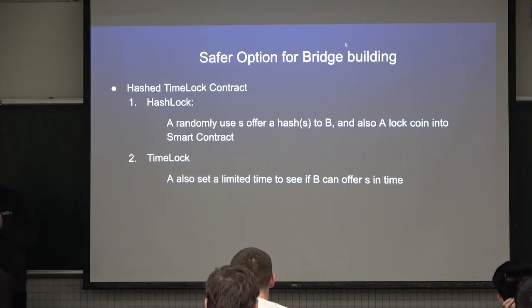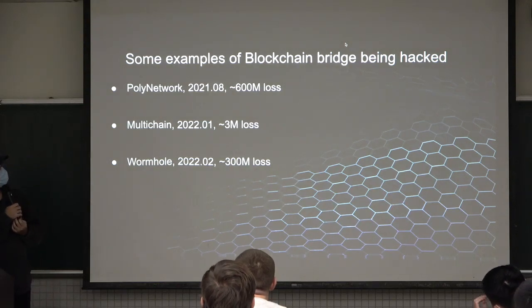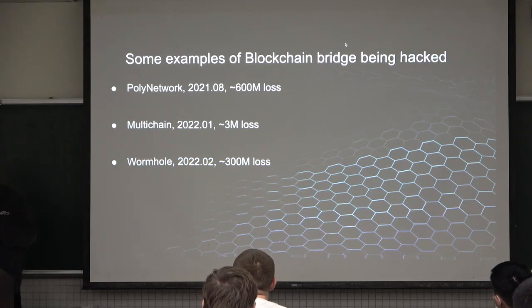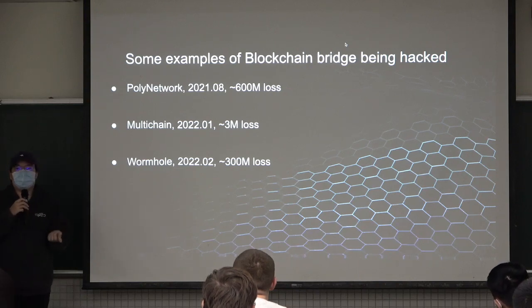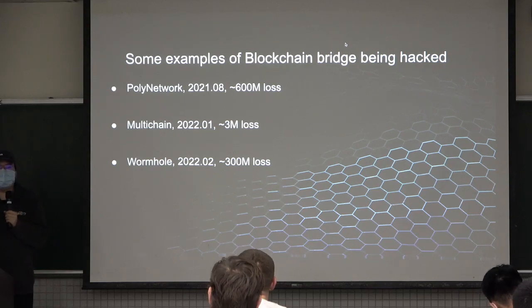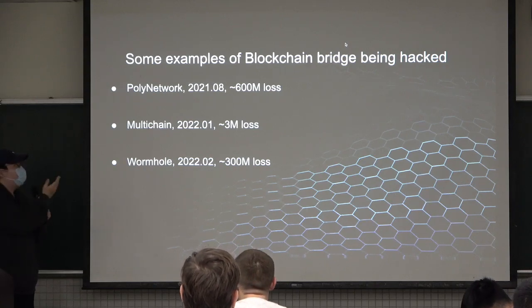Okay, so let's see some famous bridge attacks that happened recently. Let's talk about the Poly Network attack first. The Poly Network attack occurred in August 2021, and it happened because someone, while trading, found a loss, let's say a hole, in the Poly Network bridge.